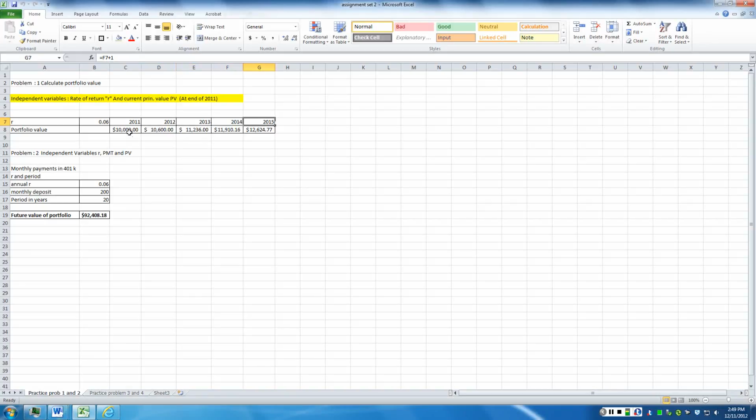So each year the amount will grow 6%, and what we want to do is to have Excel calculate it for you.